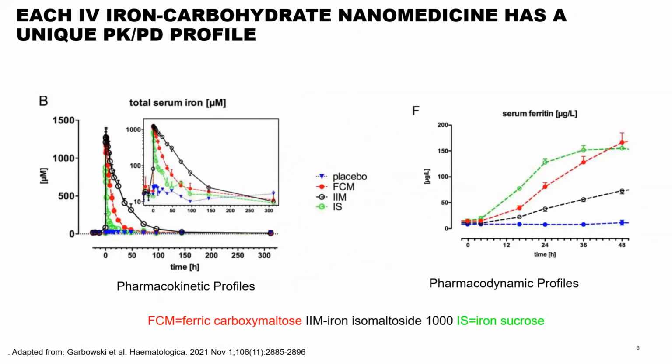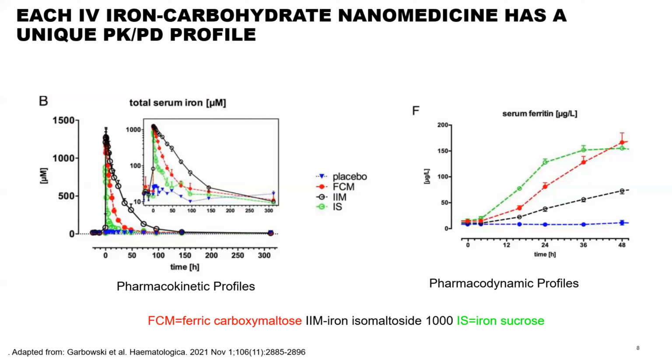As stated previously, parenteral iron complexes are structurally heterogeneous and produce unique pharmacokinetic and pharmacodynamic profiles. These are representative data from a fairly recent study by Garbowski and colleagues, who conducted a systematic PK/PD study with an intense sampling strategy for 3 IV iron products, which are detailed below.